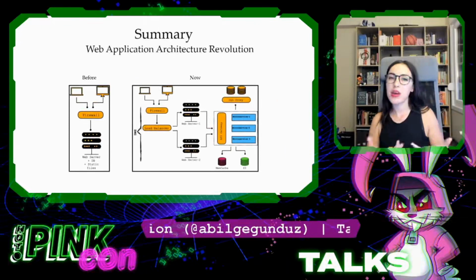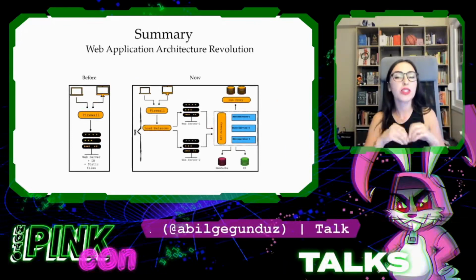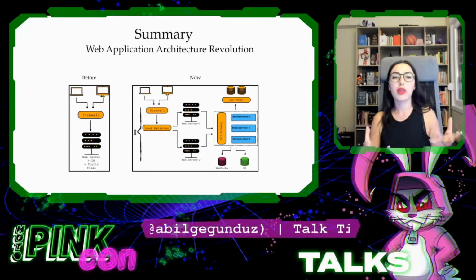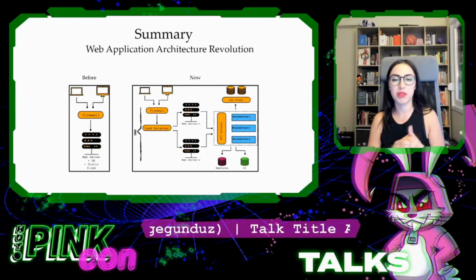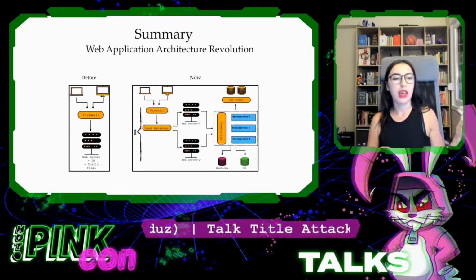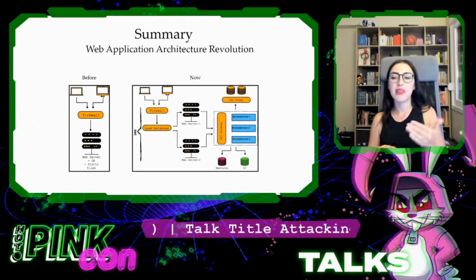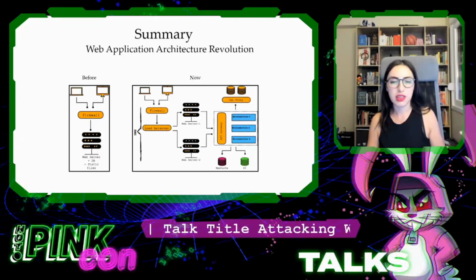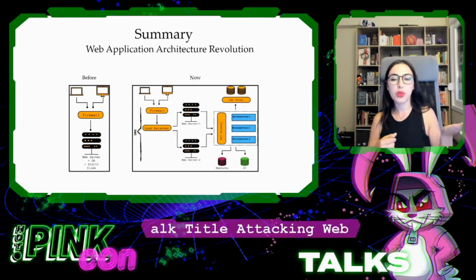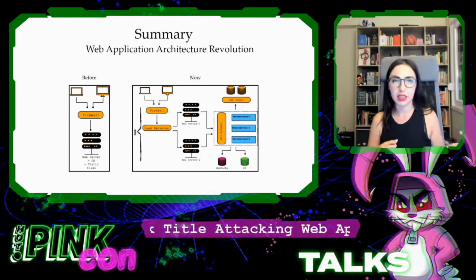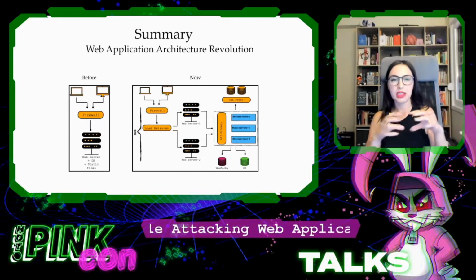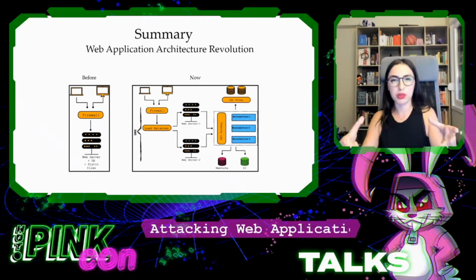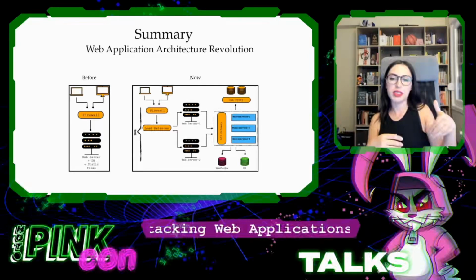So let's summarize everything. Let's talk about why we are talking about web applications in the past and today's architecture. In the past, everything worked together. And now everything is divided, with a bigger architecture. In the past, roles were reaching data directly. There was nothing between the roles and the data.